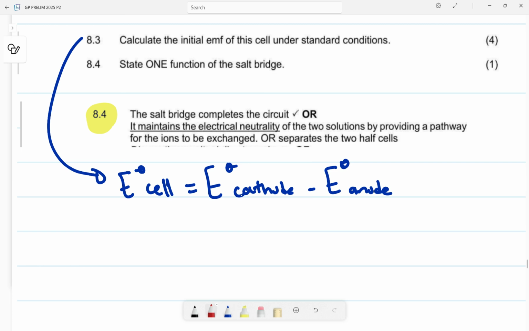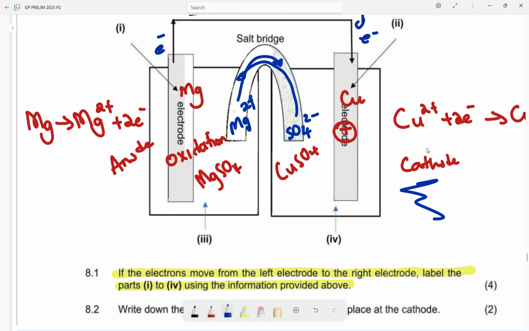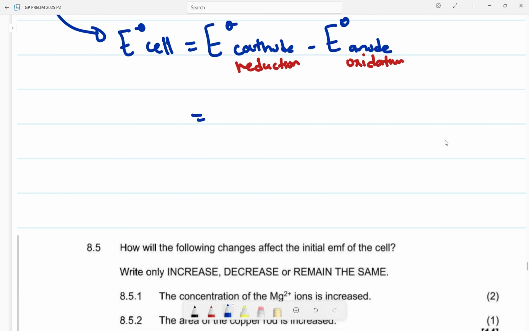Then the cathode, remember it is copper, and copper has 0.34, minus the anode.